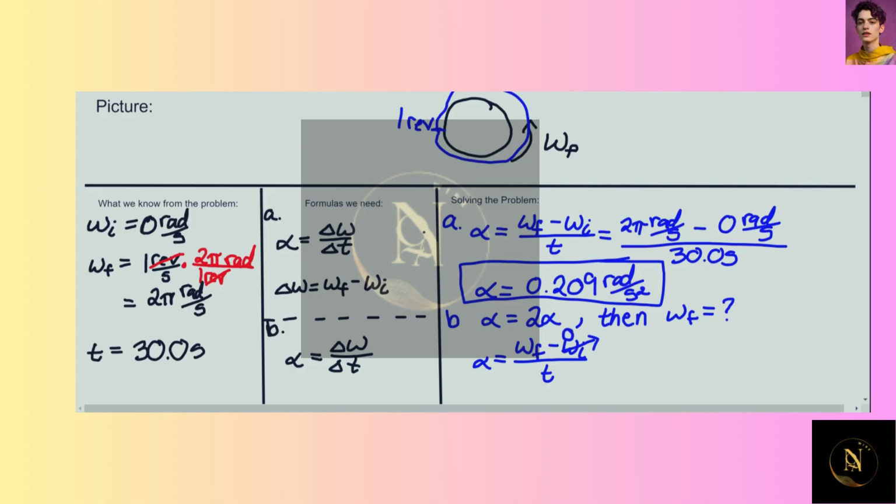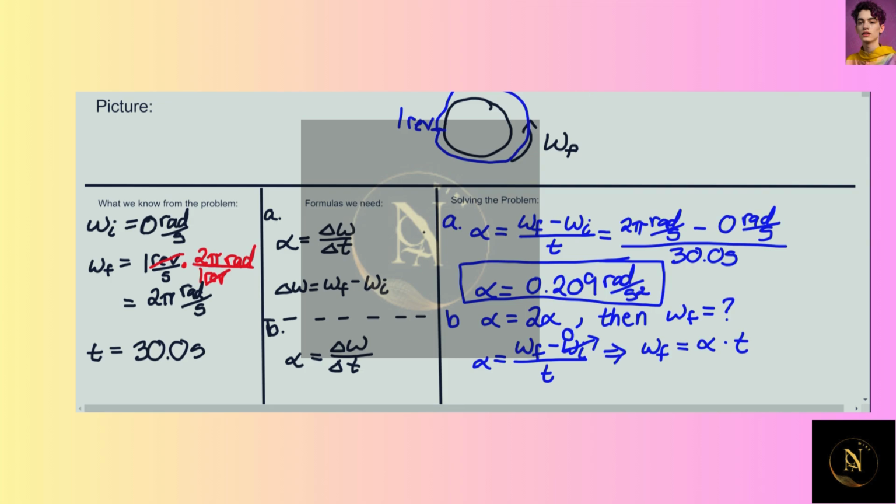We are still starting from rest, so we don't need to worry about that value. If I want to find omega final, I'm going to multiply both sides by t, and I get the final angular speed in general is equal to alpha times t. So that is my general formula.